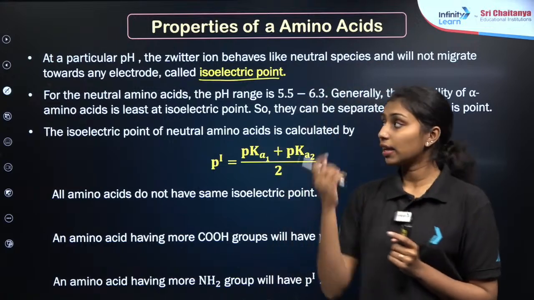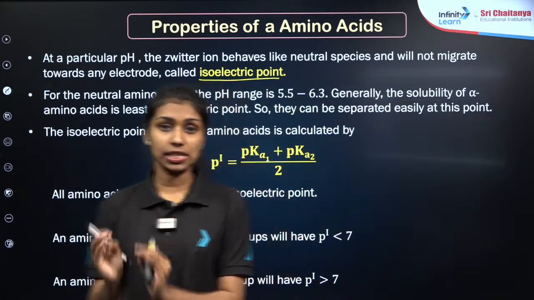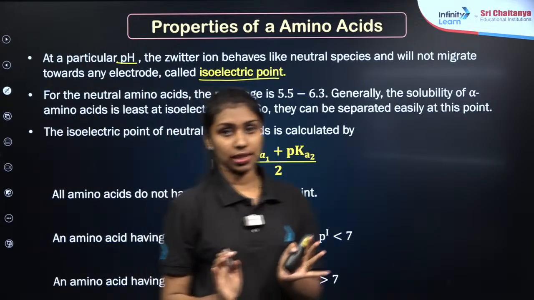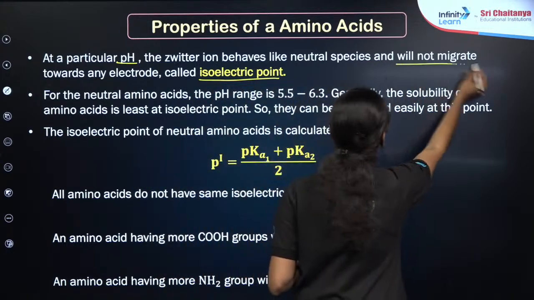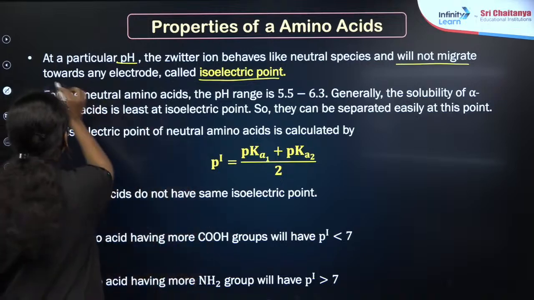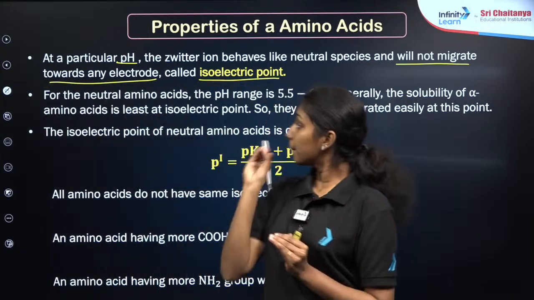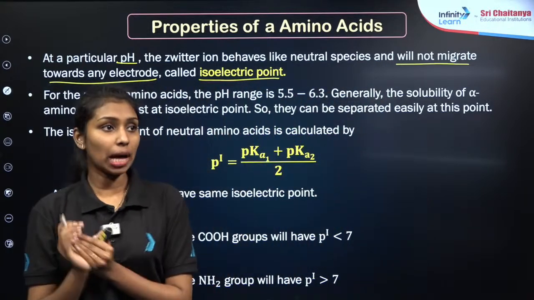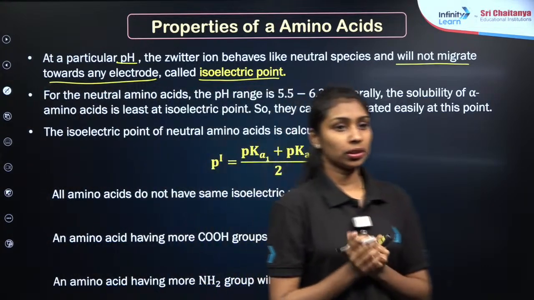Based on that, the isoelectric point means that at a particular pH, the zwitterion behaves like a neutral species. It will not migrate to either the positive or negative electrode. Such a pH is known as the isoelectric point of the particular amino acid.